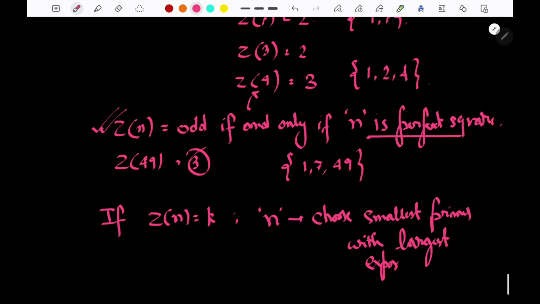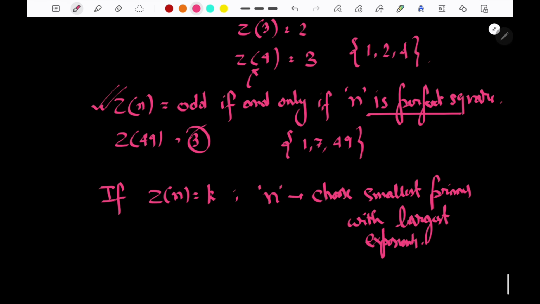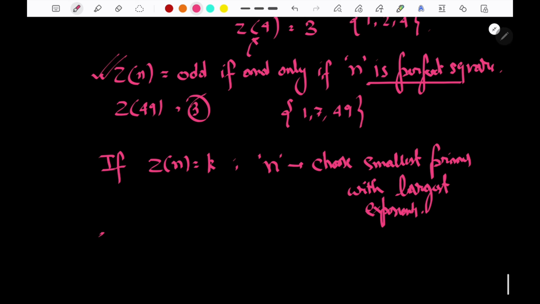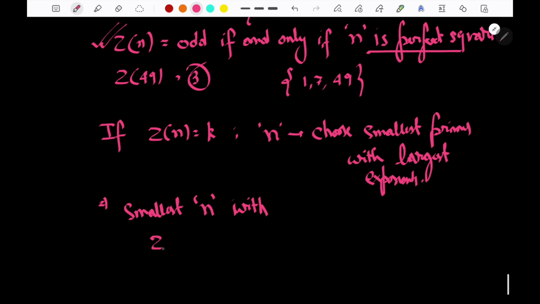For example, take the smallest n with tau of n equal to 4. How many divisors do we need? We need 4 divisors. One thing can be done: choose 2 cubed, which is equal to 8.